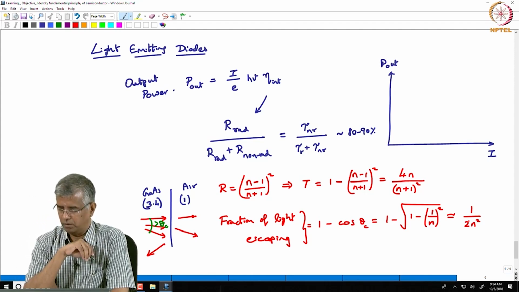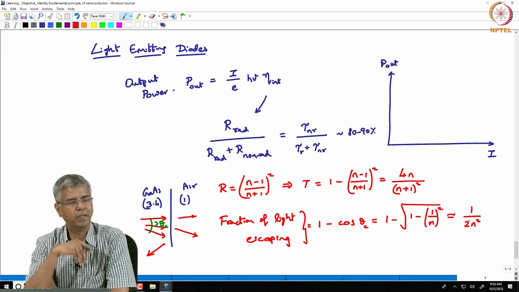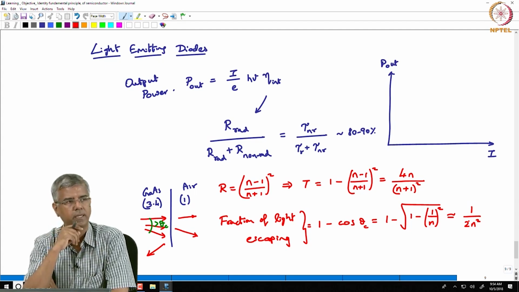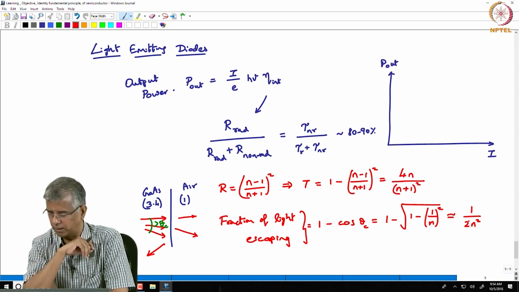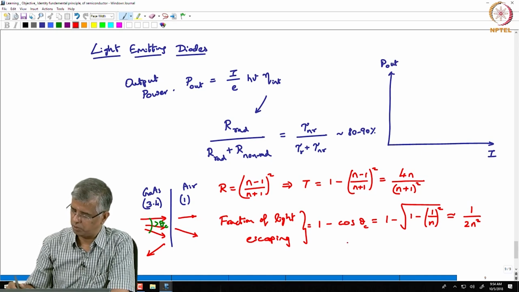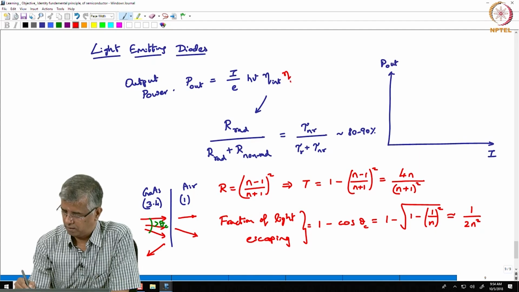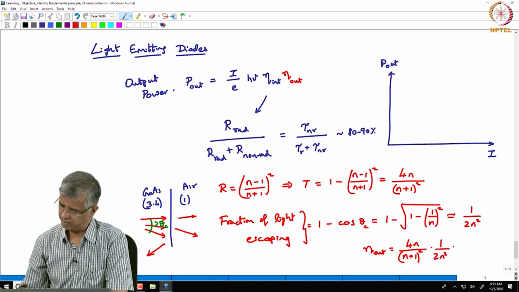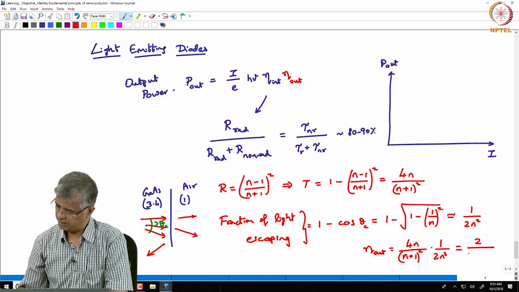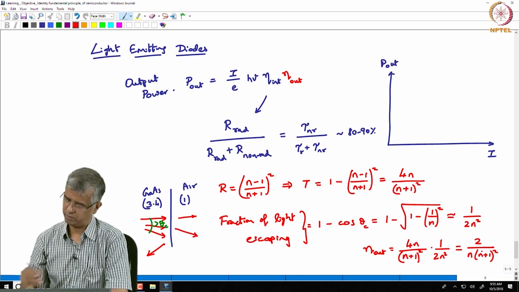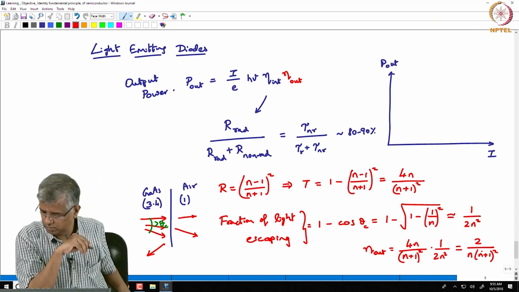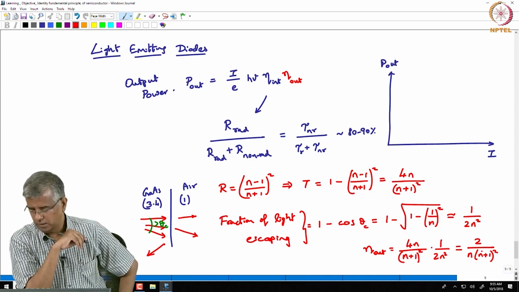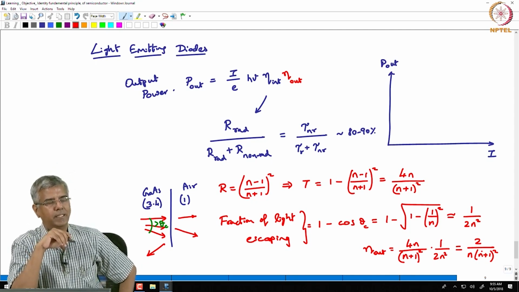So, you have a certain reflectivity, and the other part is that total internal reflection allows you to send out only a fraction of the light that is emitted.